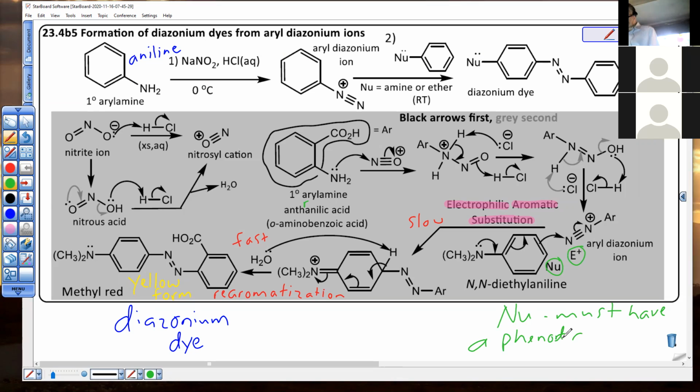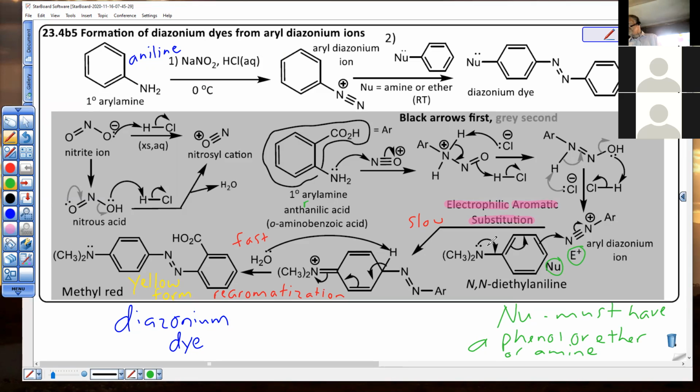I had put phenol and or together in one word, didn't I? The mind does play tricks. A phenol or ether or amine. And we do have the amine version here.